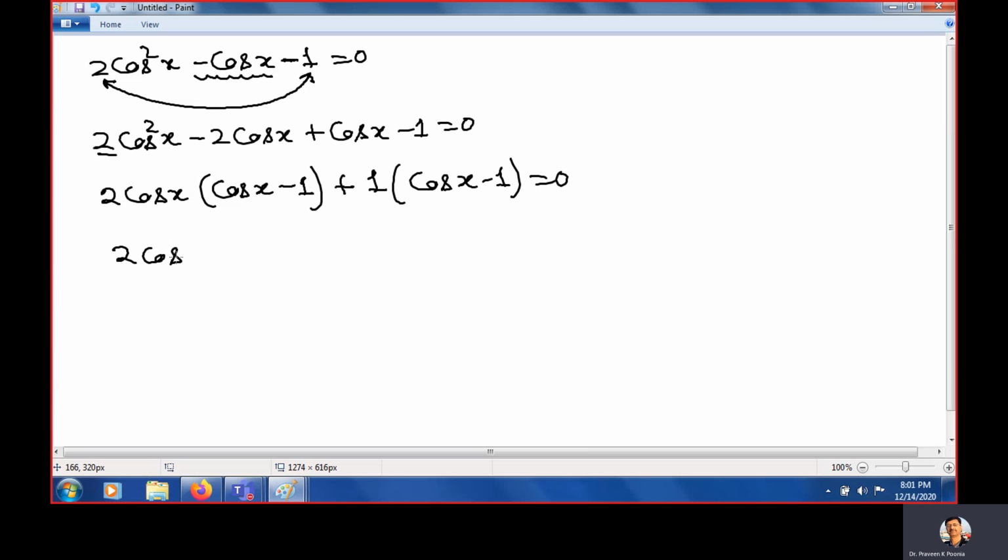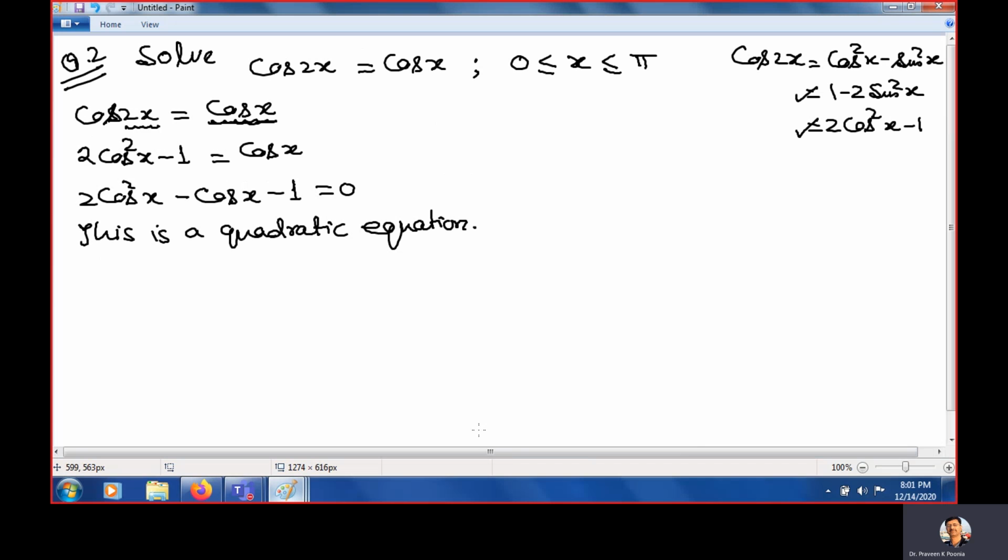So now 2cos x + 1 is one factor, and cos x − 1 is another factor. Now we will put these values in the previous slide. So what are the factors of this quadratic equation? The factors are (2cos x + 1) and (cos x − 1).